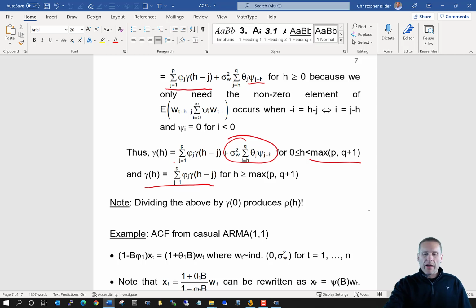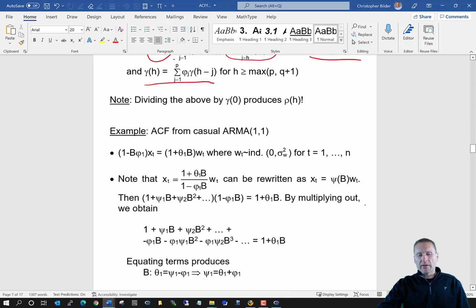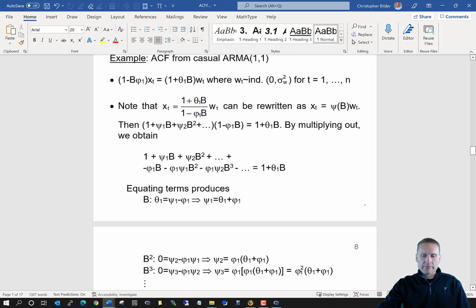If I were to divide this gamma h by gamma of 0, then I get my autocorrelation function. And so you can see, almost, I don't want to call it a recursive relationship here, but this provides kind of an interesting relationship between different autocovariances and autocorrelations with the autocovariance and correlation that we're interested in. So let's apply some of these methods to an ARMA 1-1.